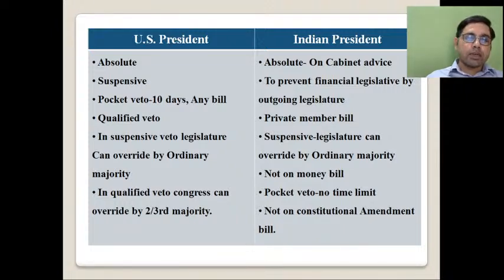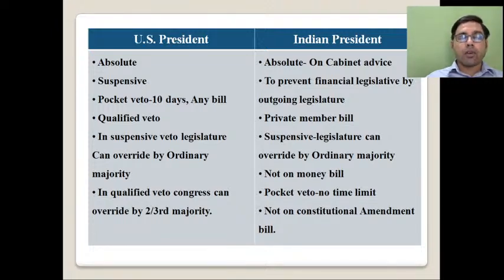The US President enjoys four kinds of veto. The first veto is absolute veto, where he may withhold assent to the bill. The second type of veto is suspensive veto, where he sends the bill for one more reconsideration of Congress. In the US, both the houses of the legislature in combination are known as Congress.